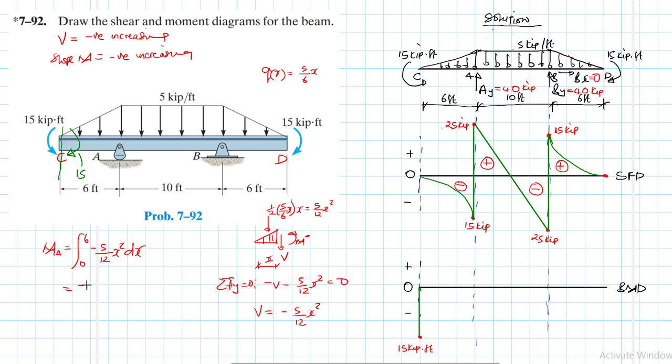This gives us minus 5x cubed divided by 3 times 12, which is 36. Then let's plug in our limits 0 to 6. This gives us minus 5 times 6 cubed divided by 36. So this gives us a minus 30.